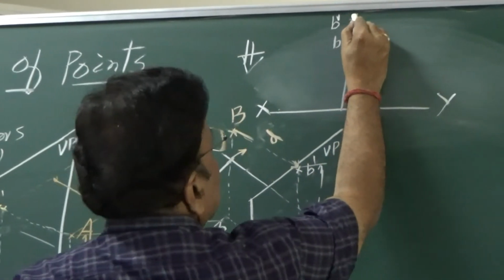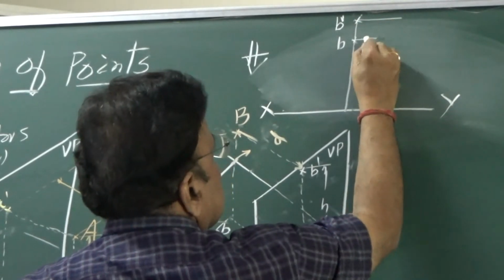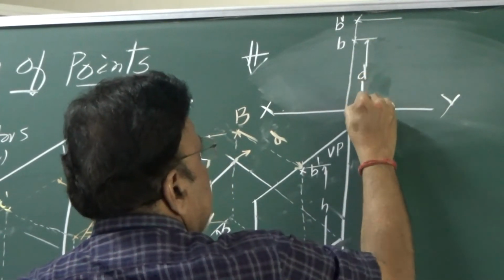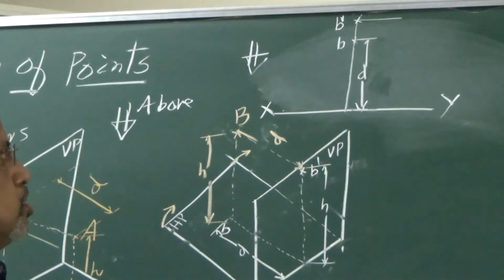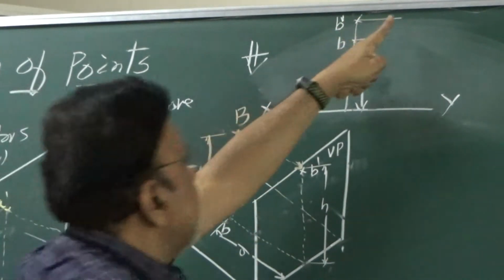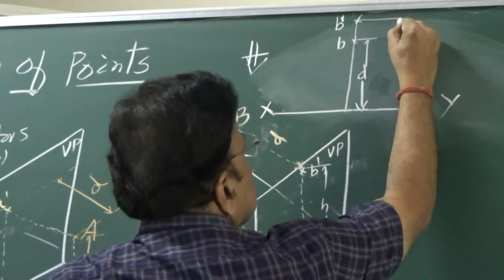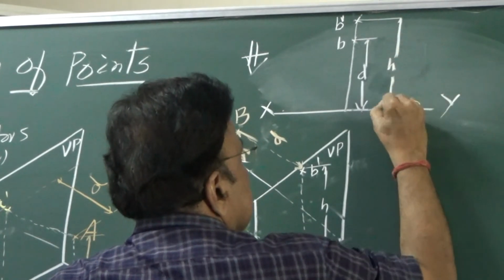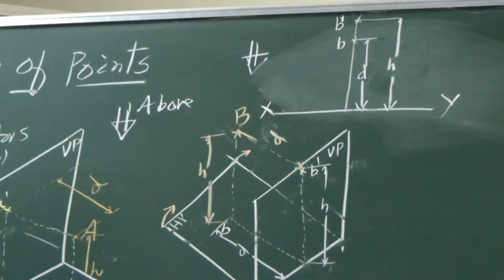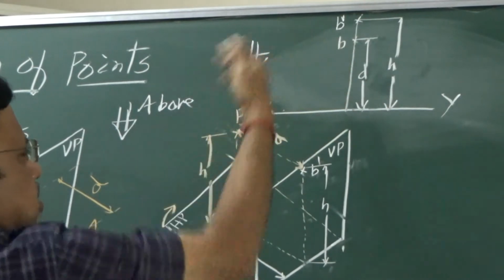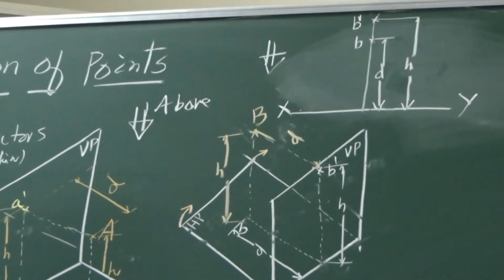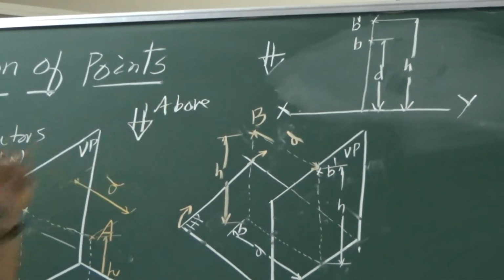Always remember, the HP distance is indicated as H distance and the VP distance is indicated as D distance. So you can see in this case, both top view and front view will come above XY.